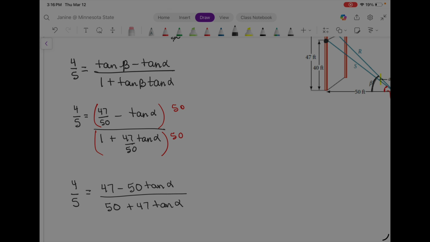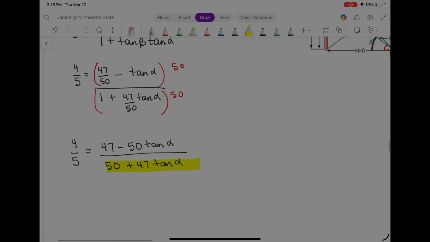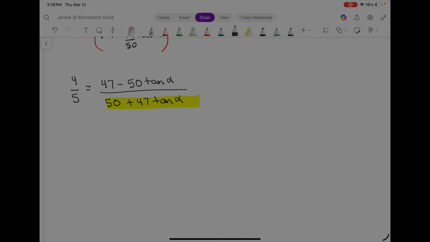Okay? Now, I'm going to cross multiply this, or rather, take this denominator and multiply it on both sides. What that will give me is 4/5 of 50 plus 47 tangent alpha equals 47 minus 50 tangent alpha.